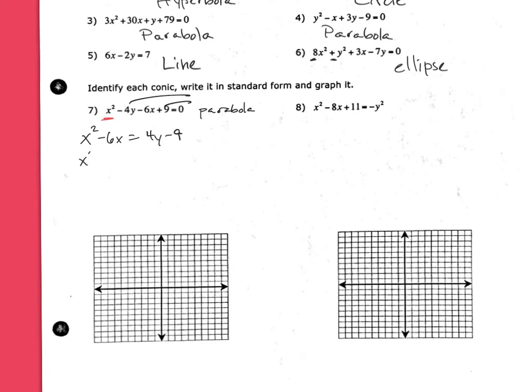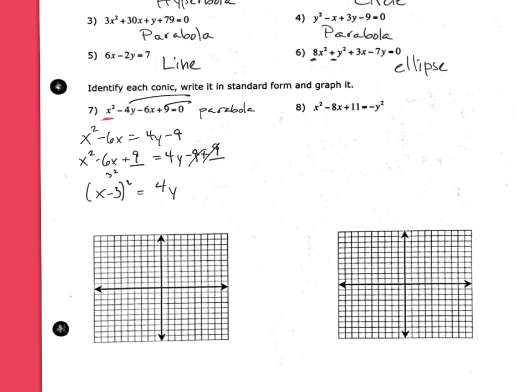Now, you complete the square, but you only complete the square on the side where you have a square. Might be the left side, might be the right side, but now we're going to complete the square. Half of 6 is 3, 3 squared is 9. We're going to add 9 to both sides. So now we have x minus 3 quantity squared equals 4y.